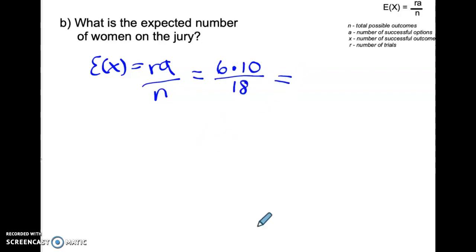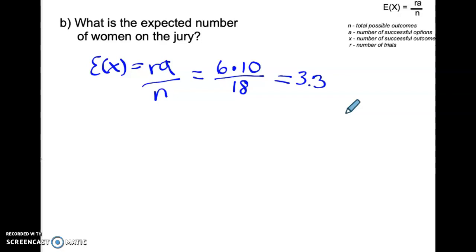Okay, and if we work this out, we will get what the expected value is. So the expected number of women to serve on the jury would be 3.3 women on average. Okay, and it doesn't matter that it's a decimal when it's people, because expected value doesn't mean actually what you're getting.